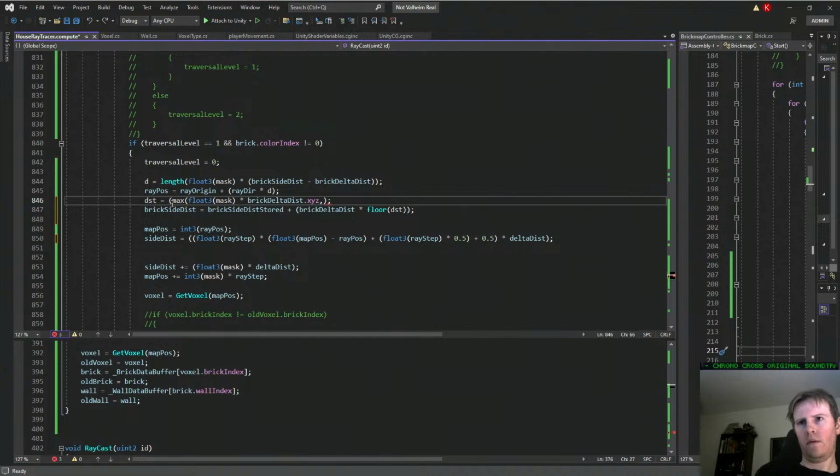No, we can do the length trick here, right?